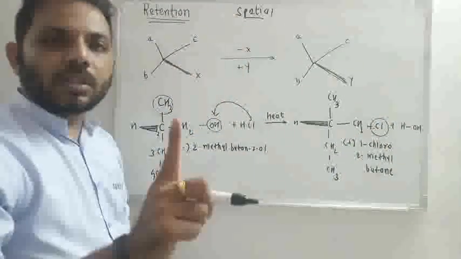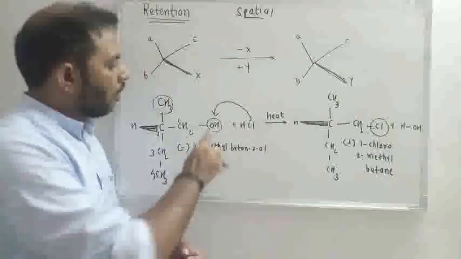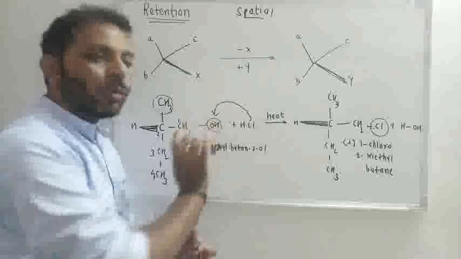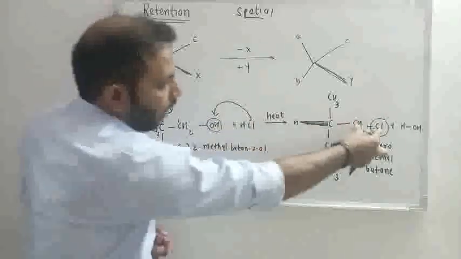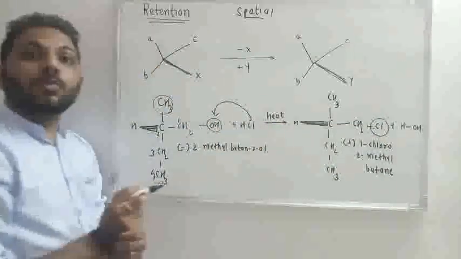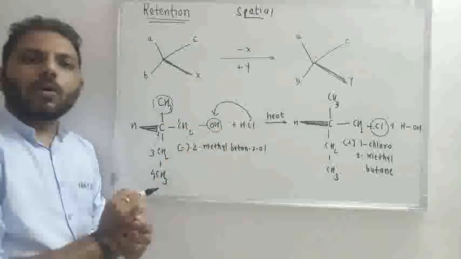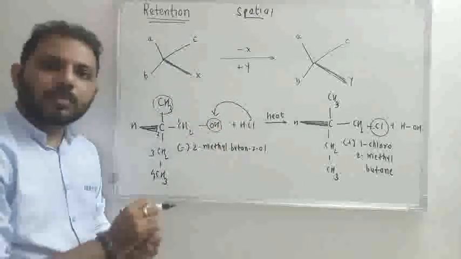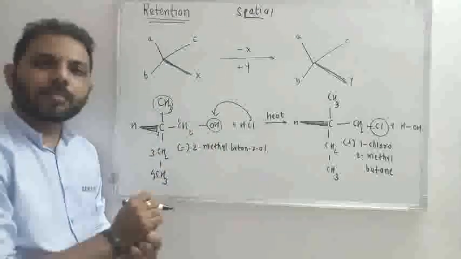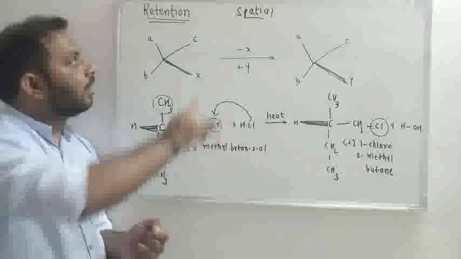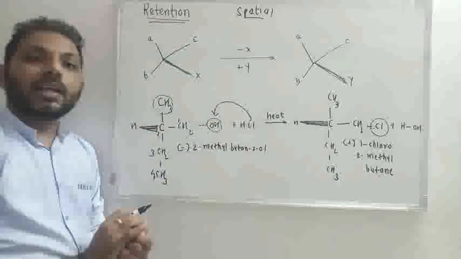Although a substitution reaction has taken place and Cl has replaced OH, this position I am talking about is not getting changed. The position of OH, the position of the atom, the position of this configuration is not getting changed. It remains the same. So we can say that a retention reaction has taken place.